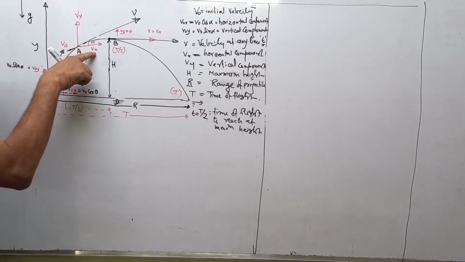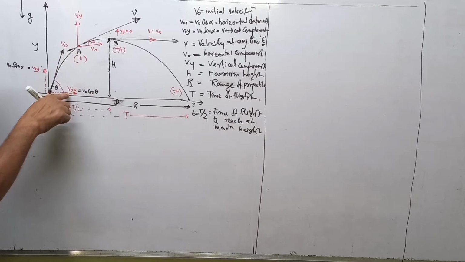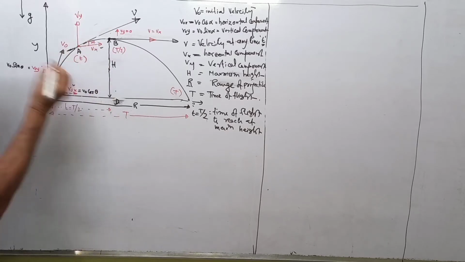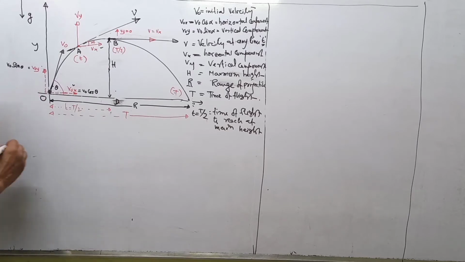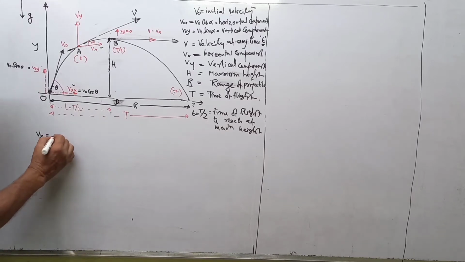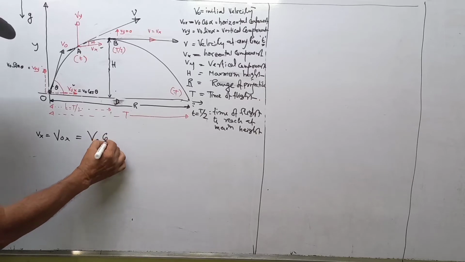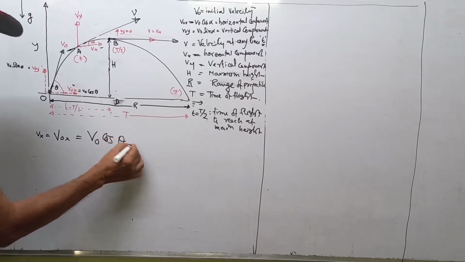Now, Vx and V0x, what is the relation? Vx equals V0x equals V0 cos theta.